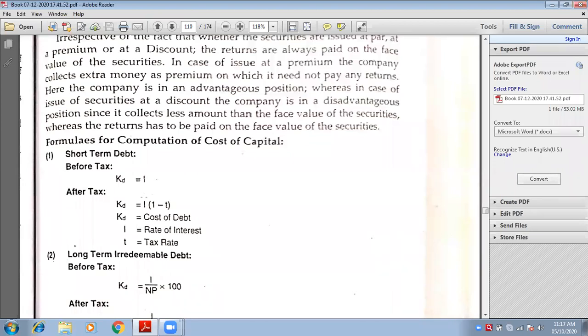First they will be paid, and then the leftover profit after deducting the amount of interest, adding the extra incomes and deducting the extra expenses, that is known as NOI and NOE, we get net profit before tax.